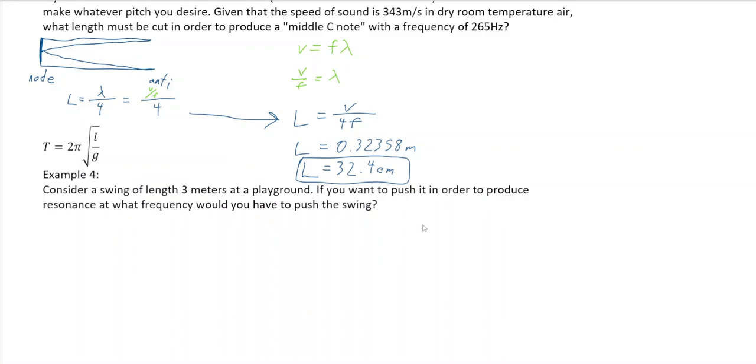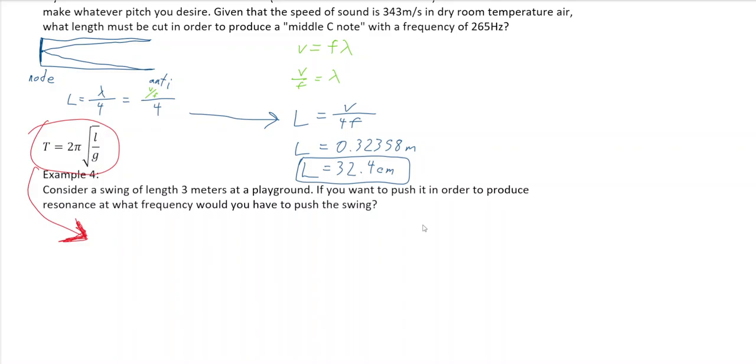Here, I'm giving you the formula a little bit ahead of time. This is our formula that we're going to use, and we want to push it at the right frequency to get the resonance. So this is a pendulum type question, but we're going to find the frequency at which you have to push it to get resonance.